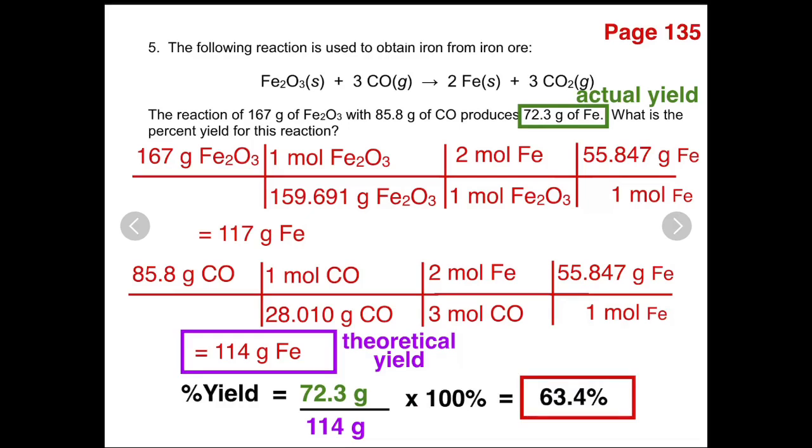Okay, so again, for the calculation of percent yield, if two reactants are given, then you need to find the theoretical yield first in order to put it into this equation right here. The problem that you are going to encounter on the exam would be either information on two reactants given, or just one. If you are given just one piece of information, then you don't need to find the limiting reactant.